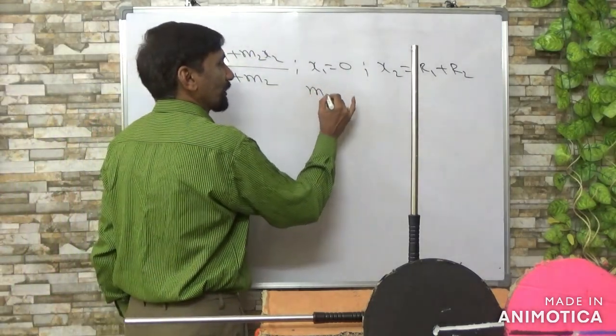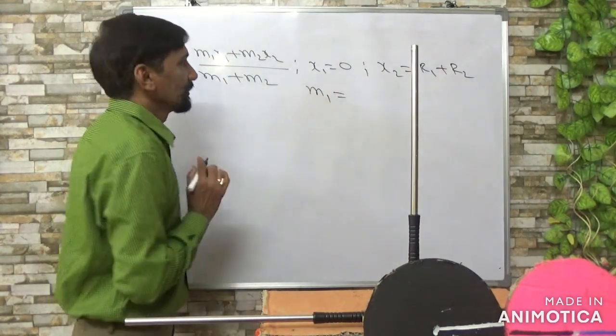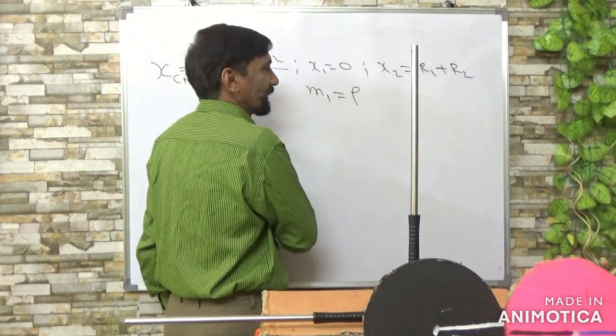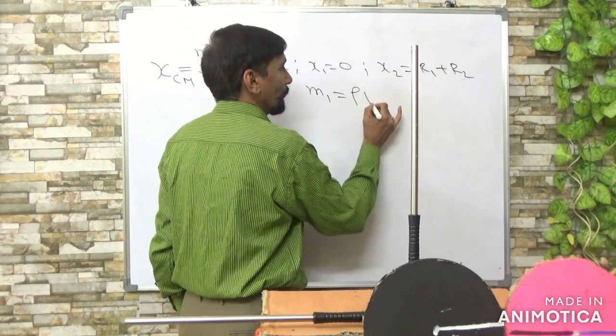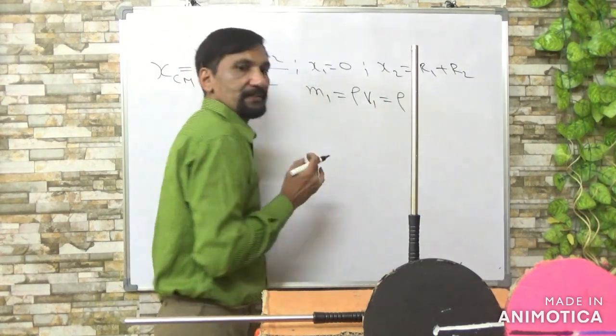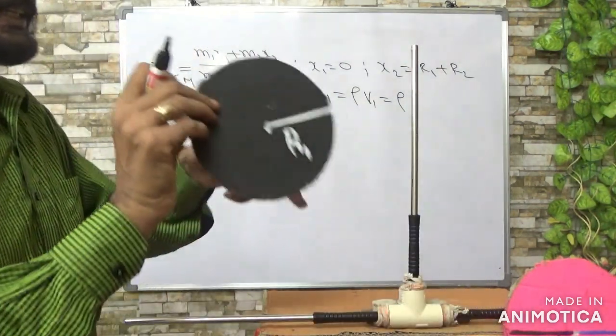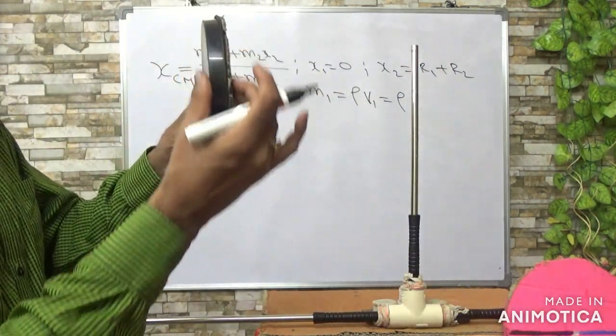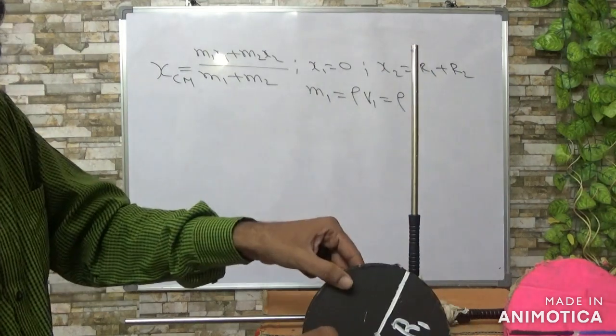When mass is not given, instead of mass, you take density into volume. And volume can be taken as the area of the disk into its thickness.